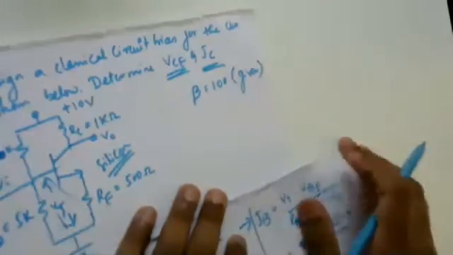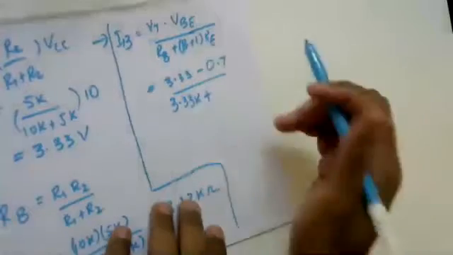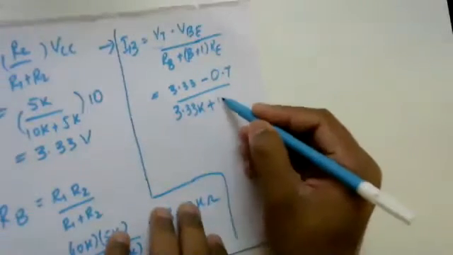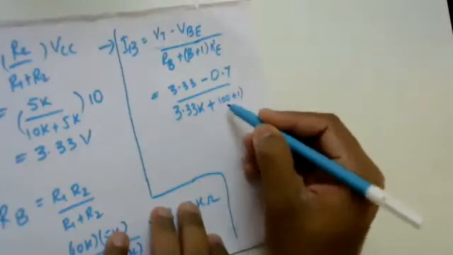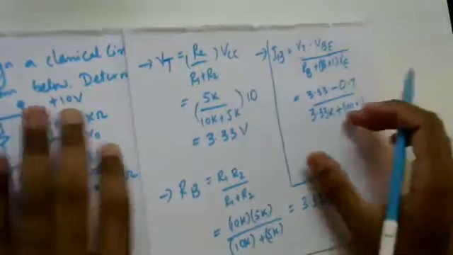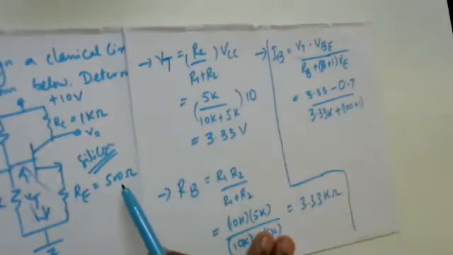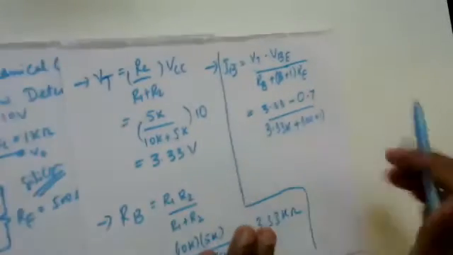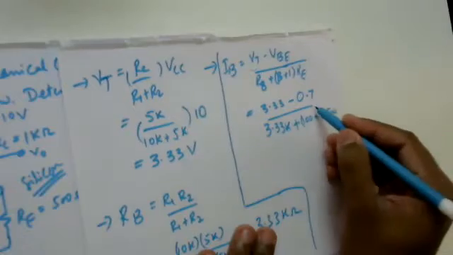Since the value of beta is known to me, I can take this as 100 plus 1 into RE resistance. So what's the resistance RE? The value of the resistance RE is found to be 500 ohms. So you can write this as into 500.